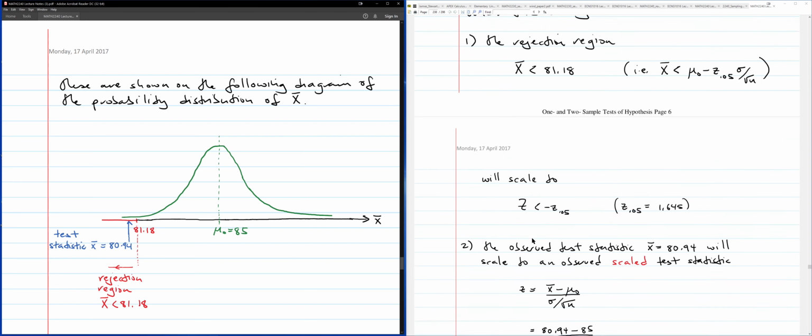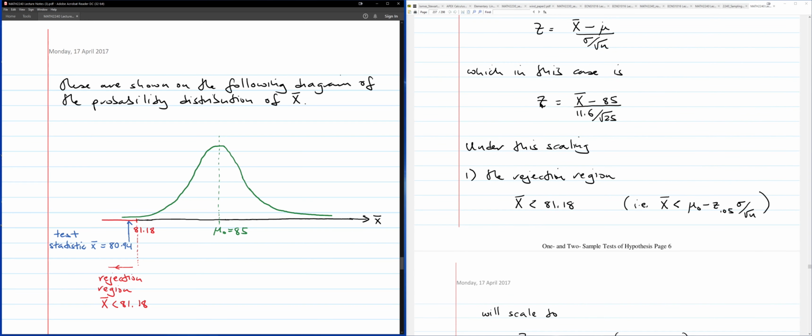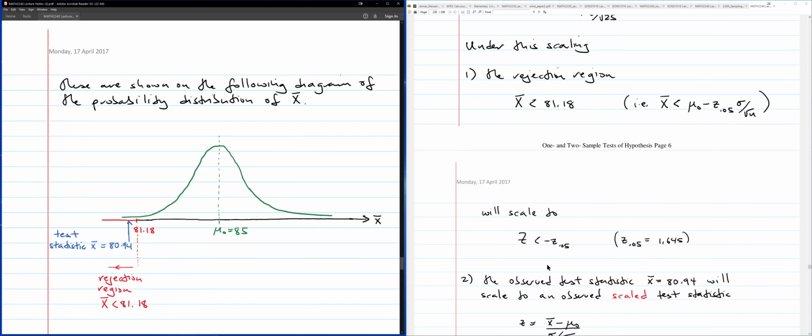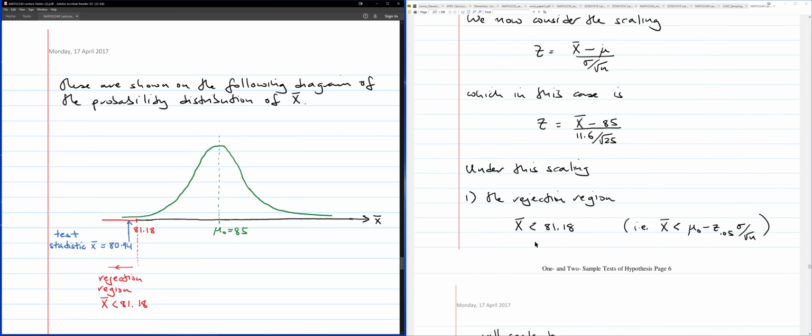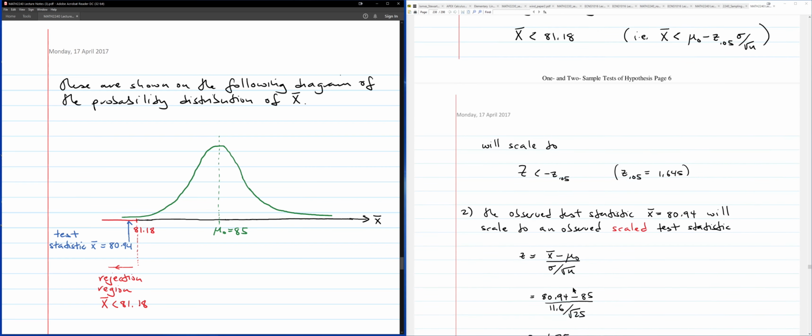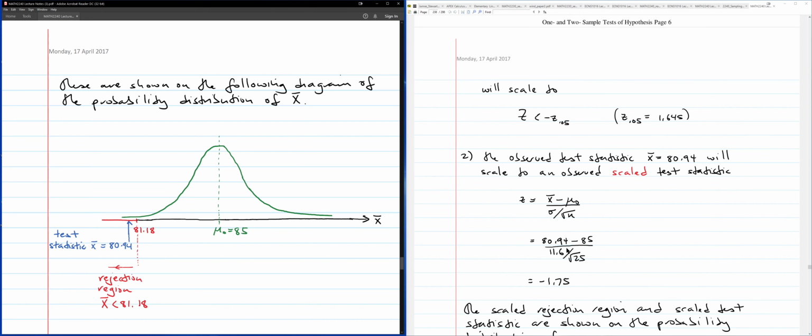You use the fact that the x bar is normally distributed with mean 85 and the standard deviation, and this is how you scale. In particular, you put this 80.94 into this expression, so you get 80.94 minus 85 in the numerator, and that works out to be minus 1.75.